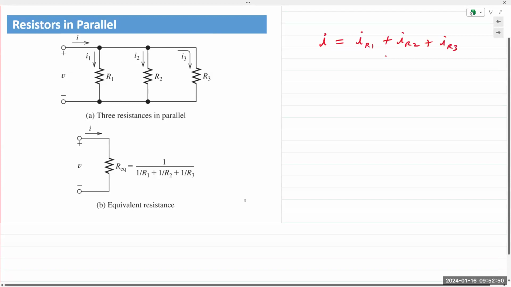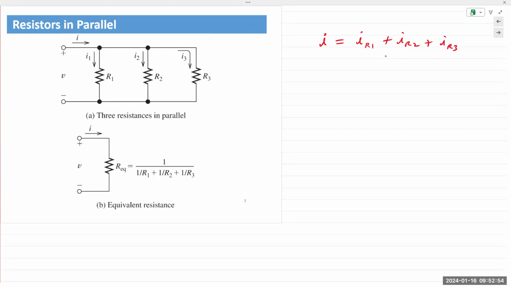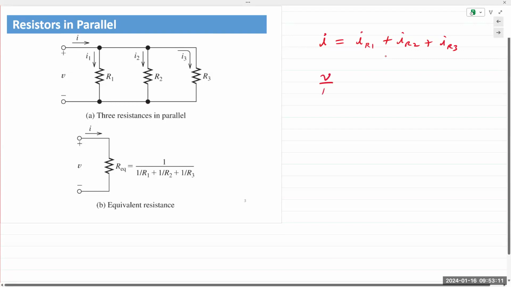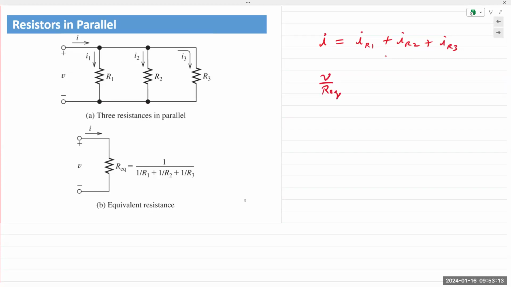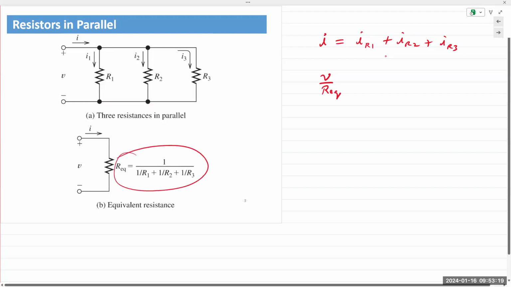You apply Ohm's law, I would be equal to V divided by Req, right? V equals IR, so I equals V over R. So total current in the circuit I would be equal to V over Req. And then you would derive the equation for Req.